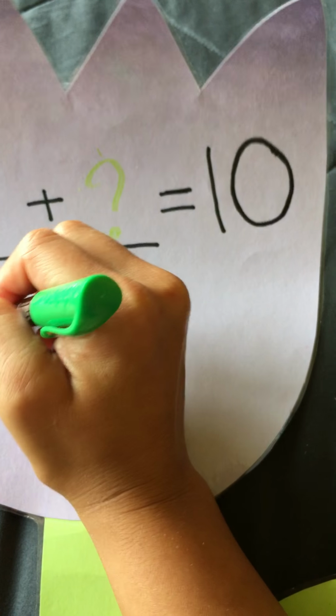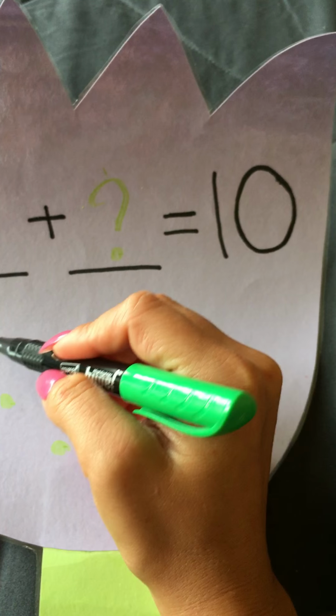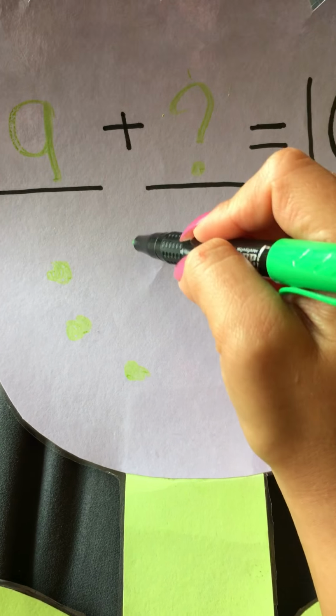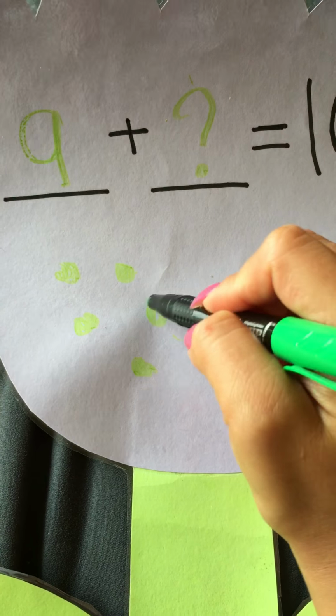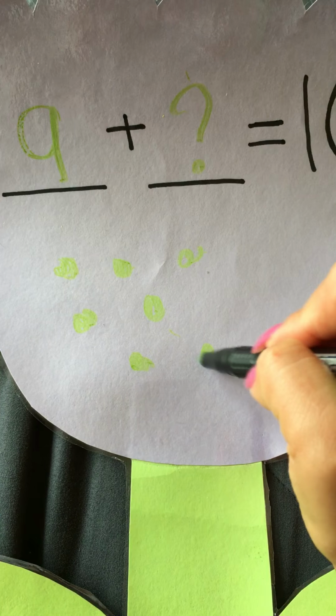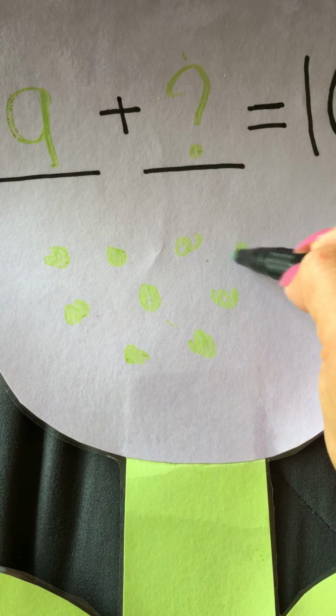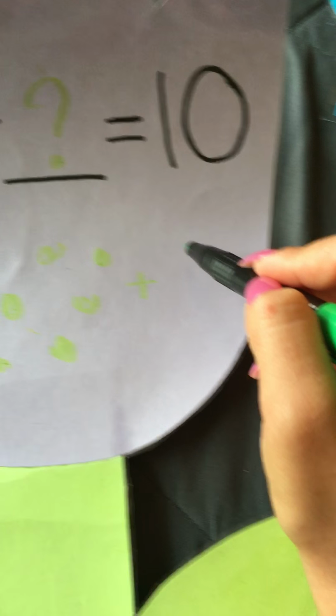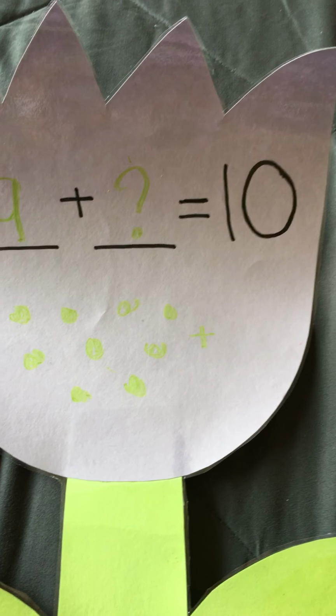One way that we can solve this is by drawing 9 dots. So we have 1, 2, 3, 4, 5, 6, 7, 8, 9. And then we have to count to see how many we need to make 10.